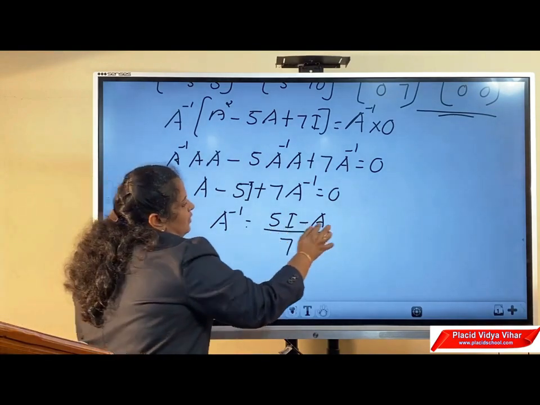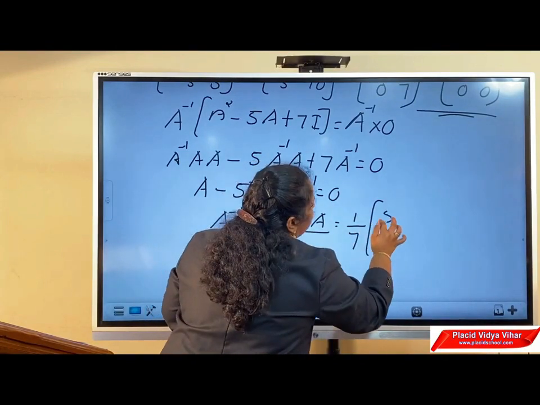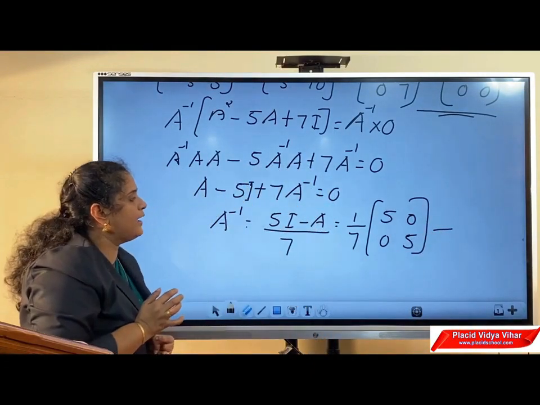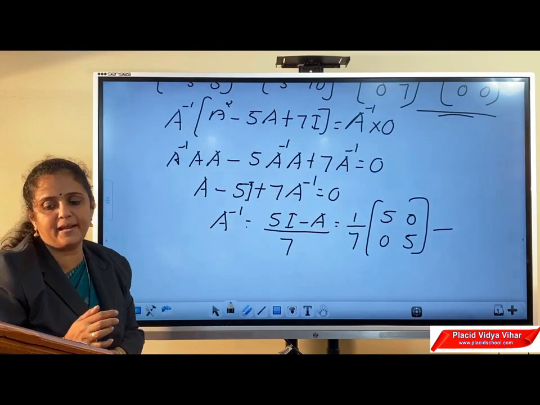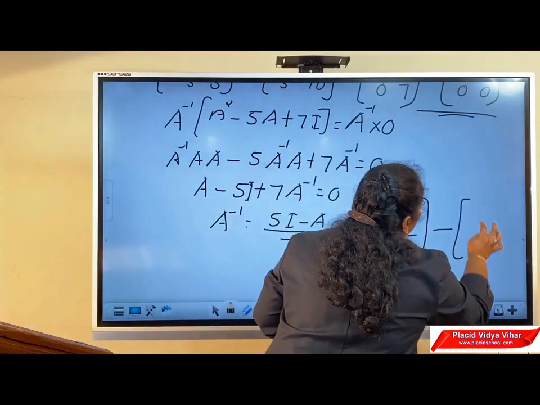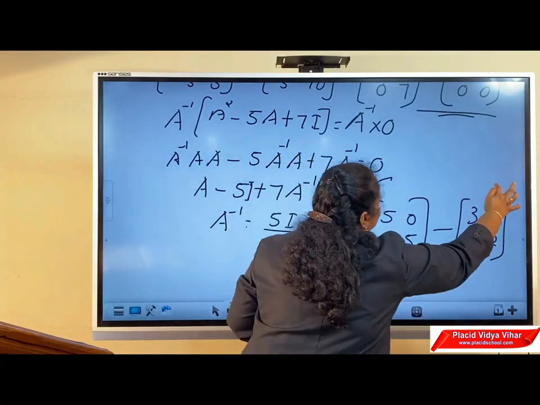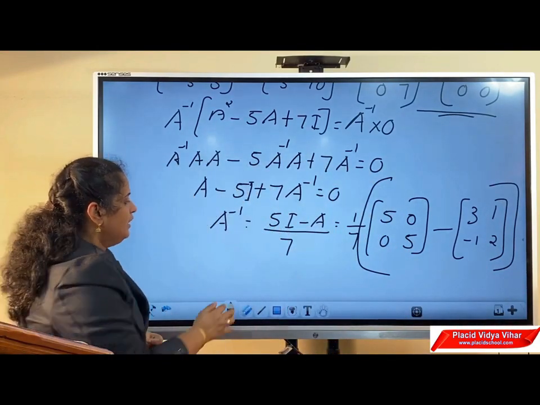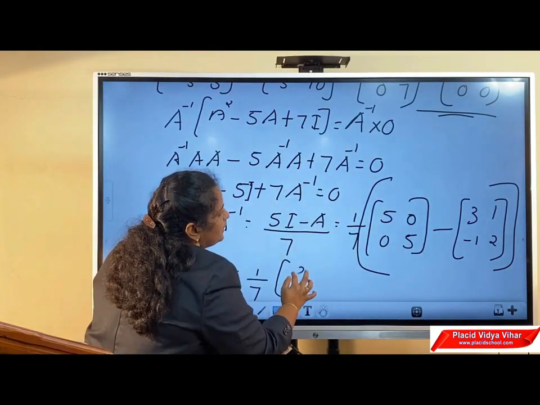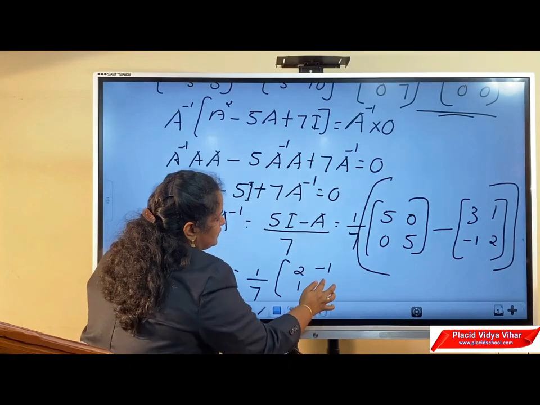Then we can substitute 1 by 7 into 5I. I is the identity matrix, [5, 0; 0, 5], minus A, where A is the given matrix [3, 1; -1, 2]. 1 by 7 is already outside. 5 minus 3 is 2, 0 minus 1 is minus 1, 0 plus 1 is 1, 5 minus 2 is 3.